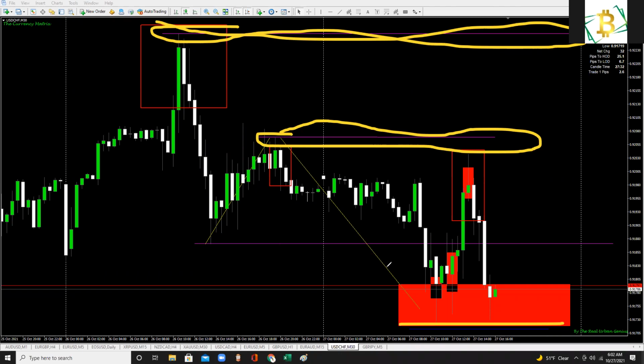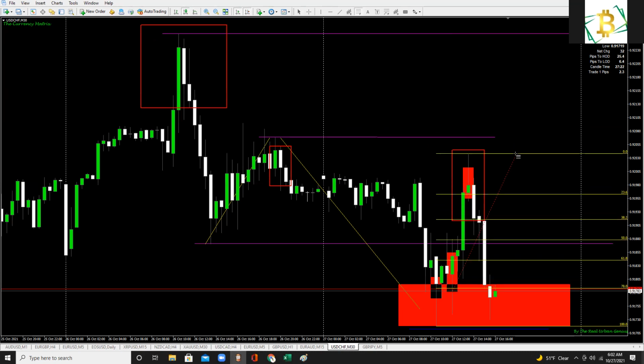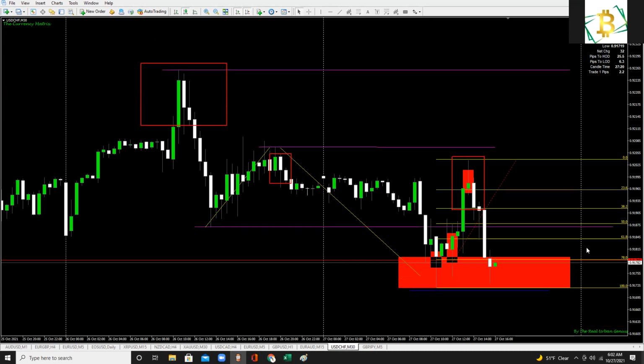Okay, good deal. We can also use our Fibonacci. Swing low, swing high. Retrace here at the 60, at the 78, which is where we should get the bounce to take us back up here to yesterday's high.